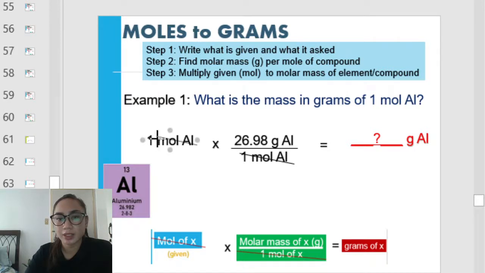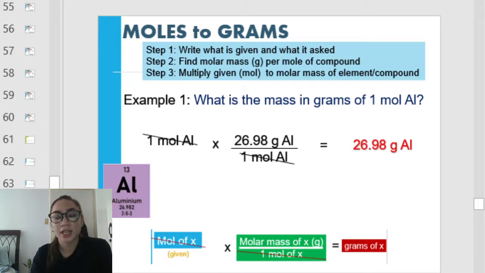And yung mole dito, no? So, we'll be left with 1 times 26.98 divided by 1 ulit. So, basically, para siyang 1 times 26.98. So, we get 26.98 grams of aluminum.